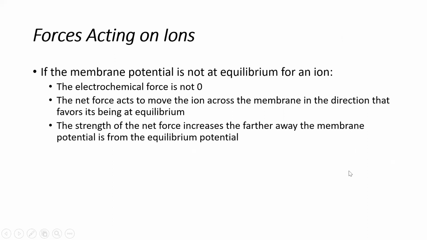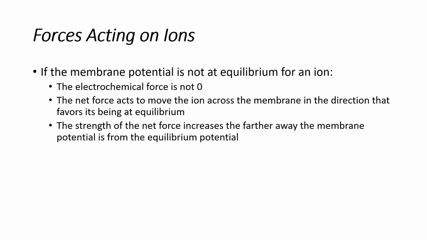So just going back to that question that I got over the weekend about whether or not two ions could be at equilibrium. So if the membrane potential is not at equilibrium for an ion, the EMF is not going to be 0. And if the EMF is not 0, we will see ionic movement. Remember, when the ion has reached its equilibrium potential, another way to say that is when the membrane potential of the cell is the same as the equilibrium potential of that ion, then there will be no movement for the ion.